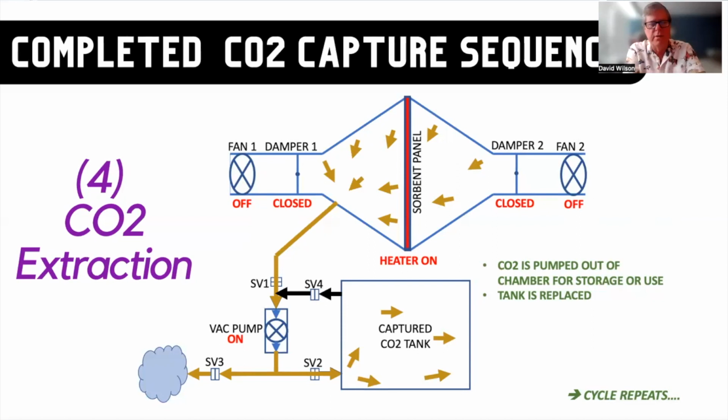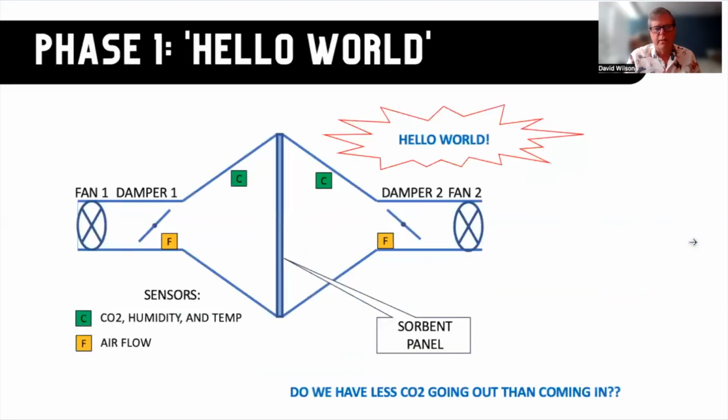The usefulness of the CO2 that we're able to capture will depend on the purity we're able to get, but that's one of the things we're going to be studying and trying to optimize. And after the CO2 is released from the sorbent panel, we'll remove the tank and use the CO2 and then start back over again with the first part of the cycle.